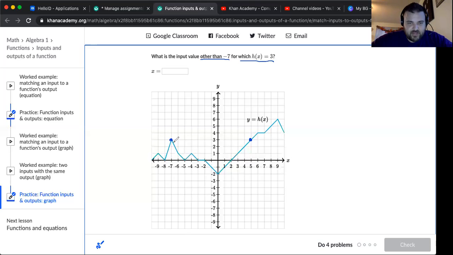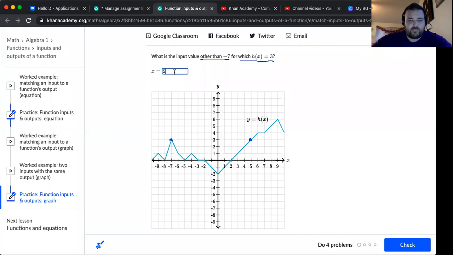So -7 is one of the inputs, but the other one is over here, and it is 5. You can check your answer mentally before you plug it in by working through it in reverse. You're saying, what is the input value that produces an output of 3? So if I go over to 5 on the input line, which is the x-axis, go find the h function, and yes, it is an output of 3. So the answer is 5.